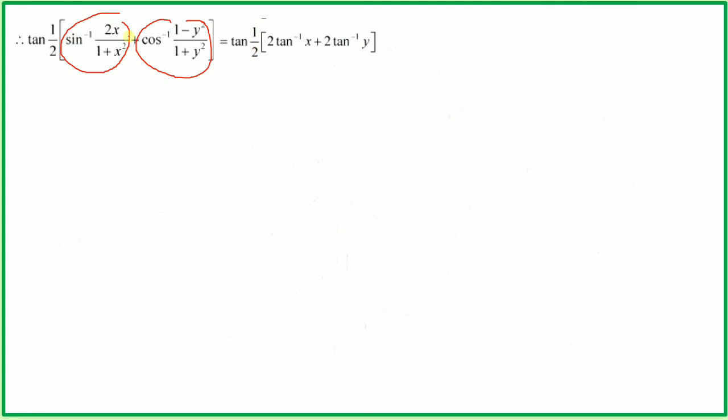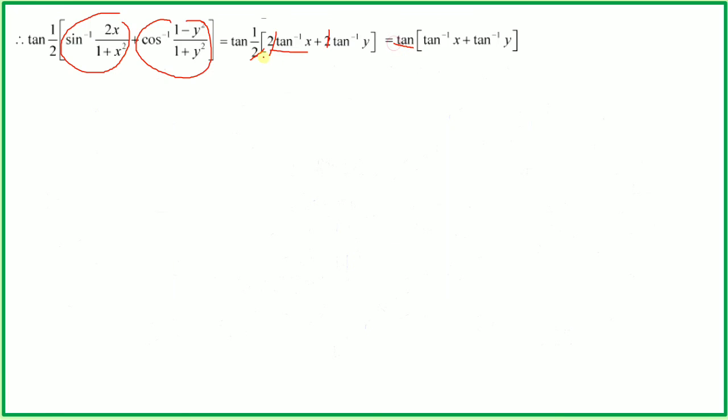So tan of 1 by 2 times, its value is 2 tan inverse x, the value of sin inverse 2x upon 1 plus x square, and similarly cos inverse 1 minus y square upon 1 plus y square equals 2 tan inverse y. Taking 2 common outside, this 2 cancels with 1 by 2.